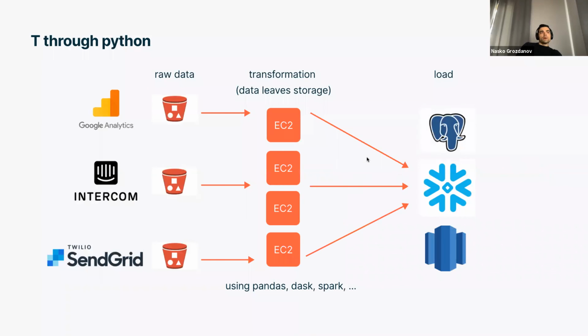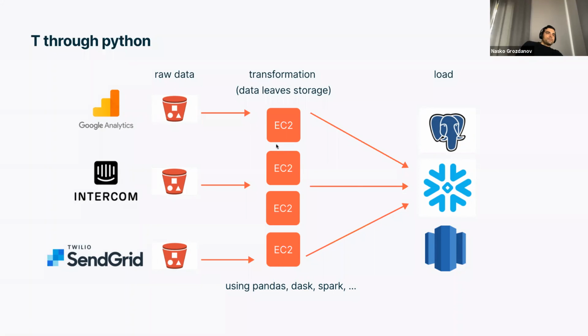But if I were to do that, what did it typically look like? It would typically look like me extracting data from these sources and storing it in a bucket or some sort of storage mechanism, and then downloading this data onto a cluster of compute nodes, where I would copy the data onto them and perform transformations that I'd have to write myself using Python Pandas or Dask.